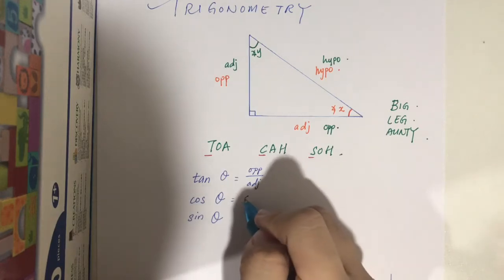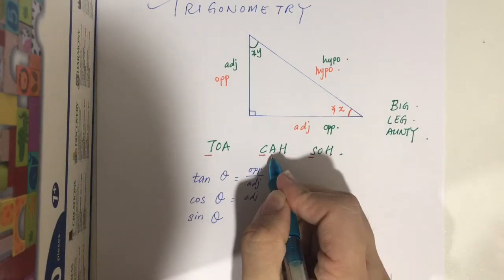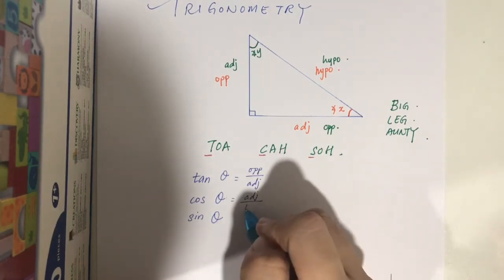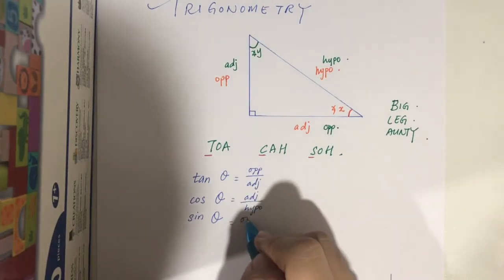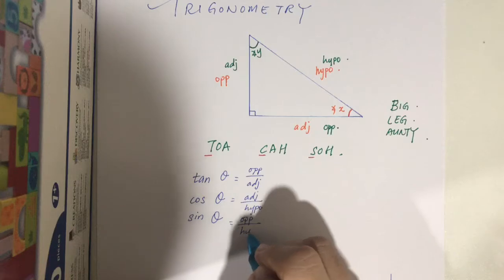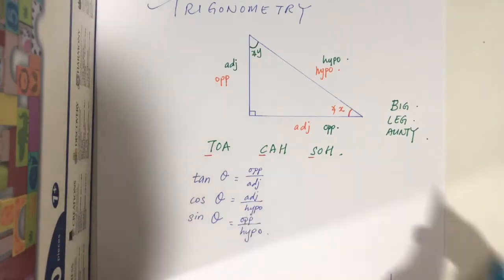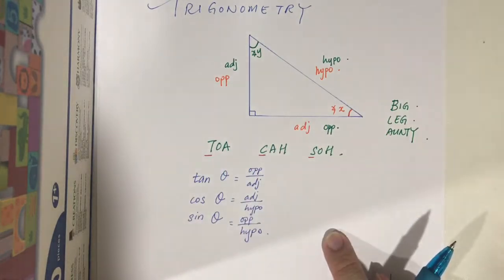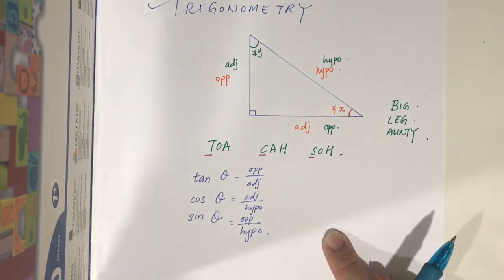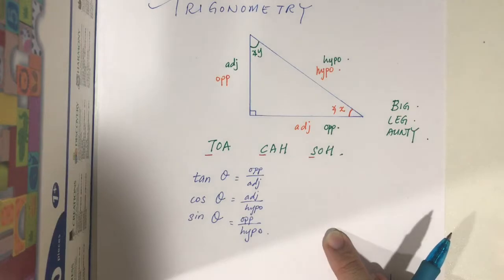Cosine will be adjacent over hypo. And sine will be opposite over hypo. Once you know this formula, it's just about how you apply it.